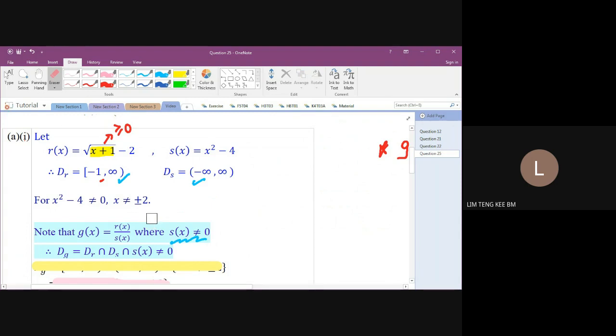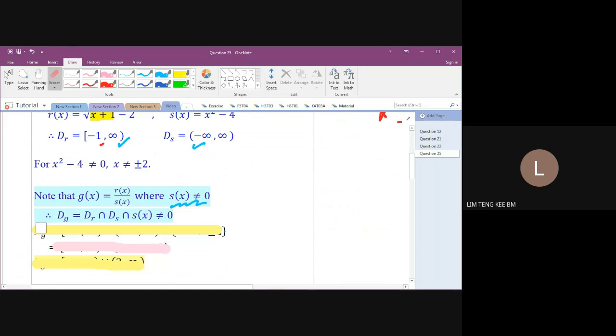And therefore now, we apply this to get the answer for the domain. We have three intervals to consider, and let us intersect all three of them to get the answer.